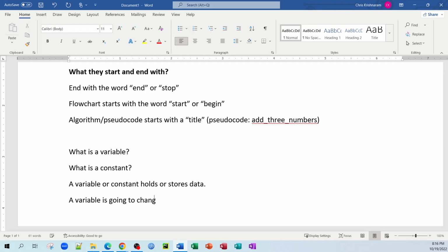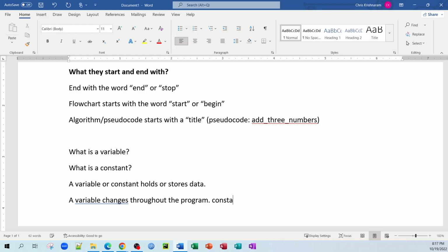is going to change and a constant, a variable changes throughout the program. Let's use the word program.